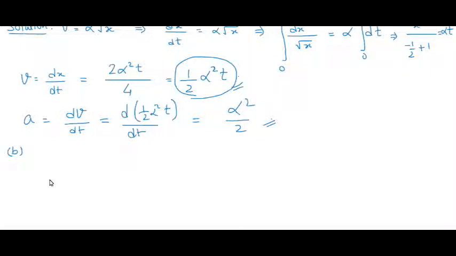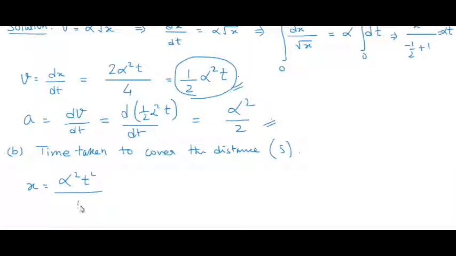The time taken to cover the distance, that is s, the first s meters. x is equal to alpha square t square upon 4, which implies that s is equal to alpha square t square upon 4.